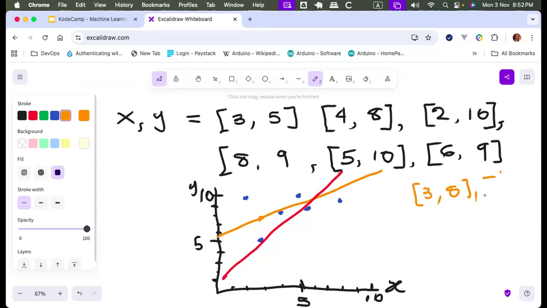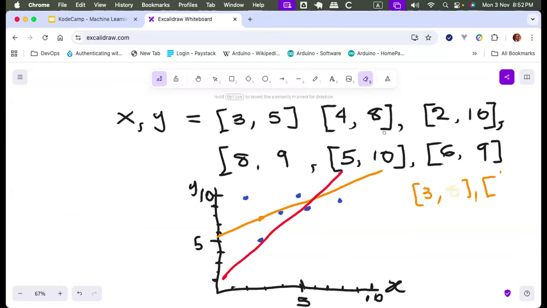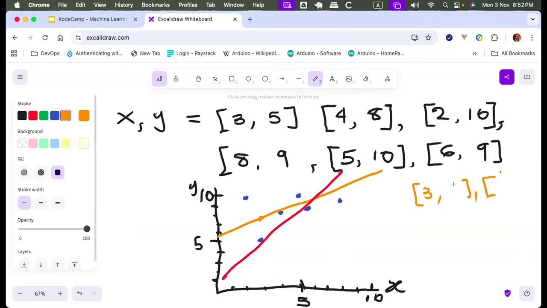Then when it is 4, it is actually close. Oh, okay. So this should be 3 and 7, 4 and 8.